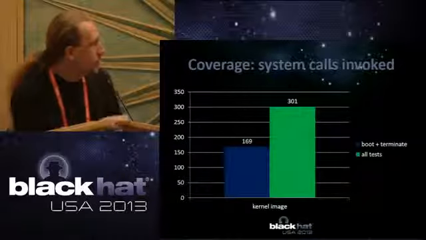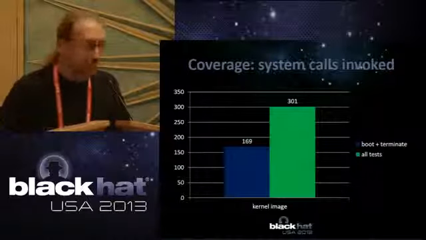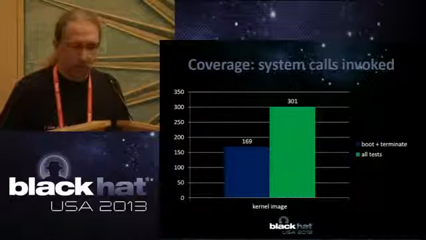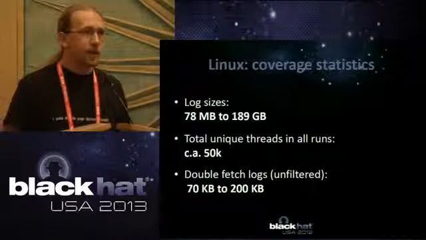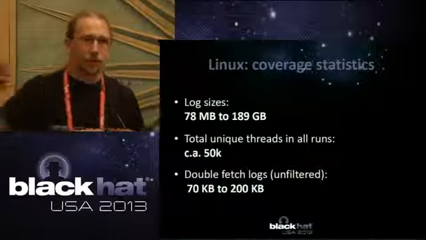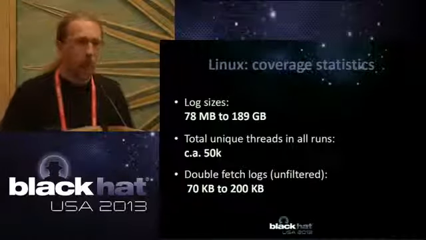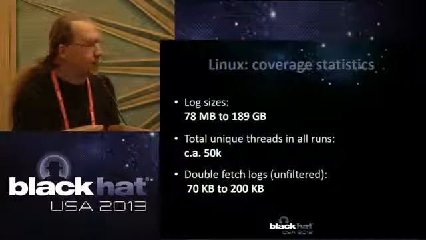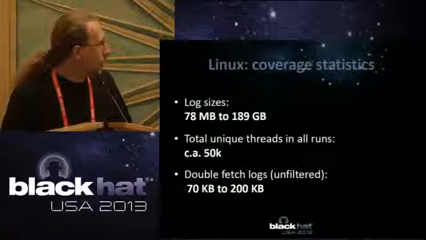And 301 system calls were called in the end. So it's far less than Windows has, as you know. When we ran Linux on Bochspwn and started generating logs, like the memlog.bin file that Mateusz mentioned, we got logs up to 200 gigabytes. You can imagine how many hard drives we had to buy during this research.